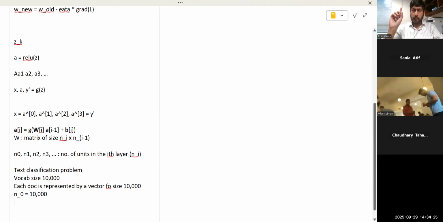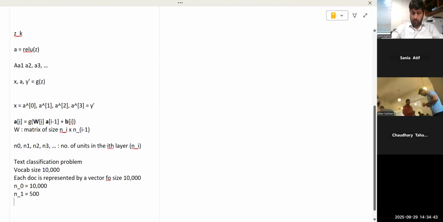So let's say my network has one hidden layer, मैं उसके यूनिट्स बताता हूँ n1. लेट्स से मैं इसके यूनिट्स ले लेता हूँ 500. So my hidden layer has 500 units. And let's say this is a 3 class classification problem. So n2 जो मेरी आउटपुट लेयर है, उसमें 3 यूनिट्स होंगे. So ये आपके पास एंड्स क्लियर हो गए, right? Is there any question on this?